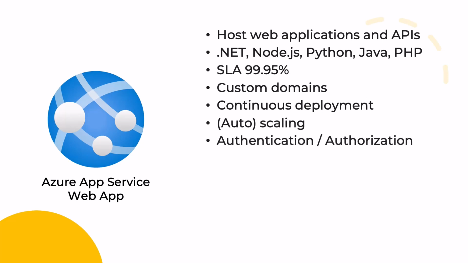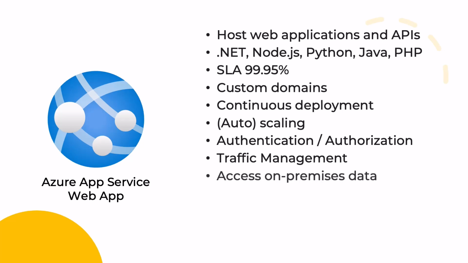You can also scale the web app, which we'll see later, and you can use easy authentication to secure your app. Also, you can use other services like Azure Traffic Management to distribute globally distributed traffic to the right web app. So, traffic from the US to a web app in the US, and traffic from Australia to a web app over there. App services can also access on-premises services like databases in your own data center through VPNs.